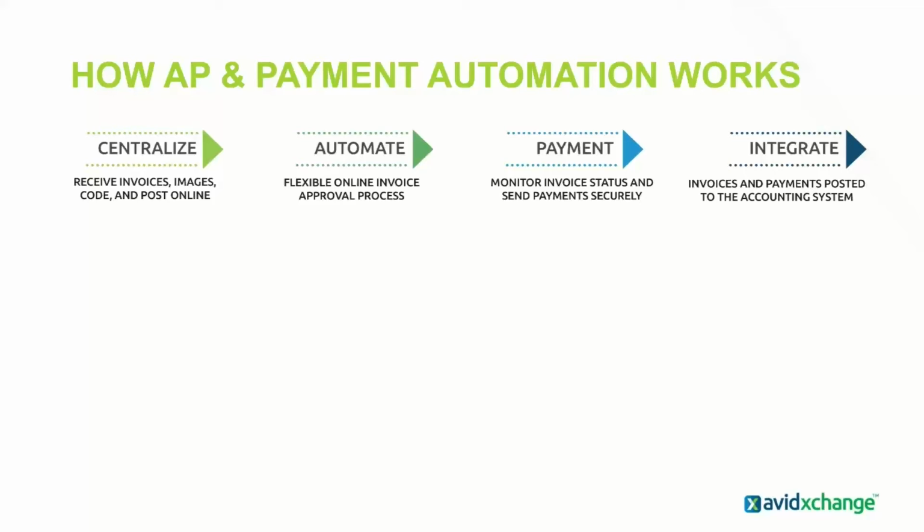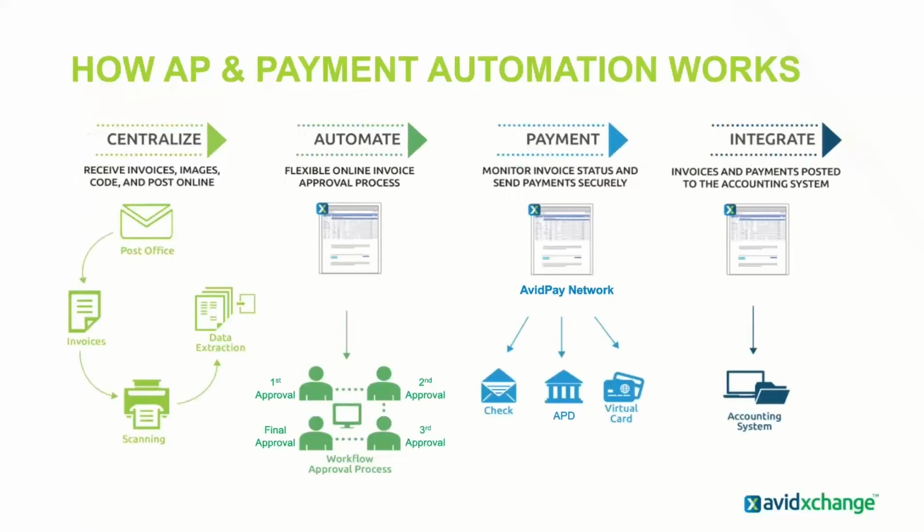Your accounting system is your system of record. With AvidXchange, we actually have several different products based on our clients' needs. So, based on your needs, we'll determine which is the best way to go as far as integration, again giving you that flexibility.